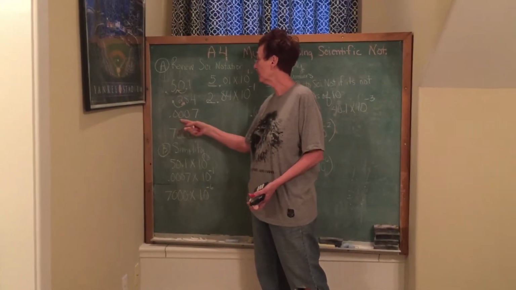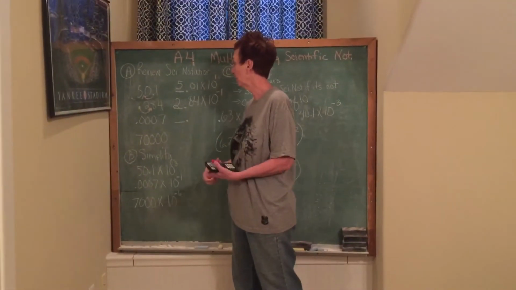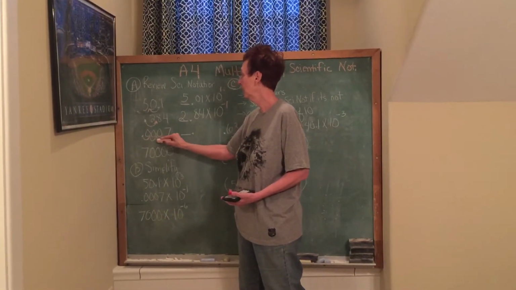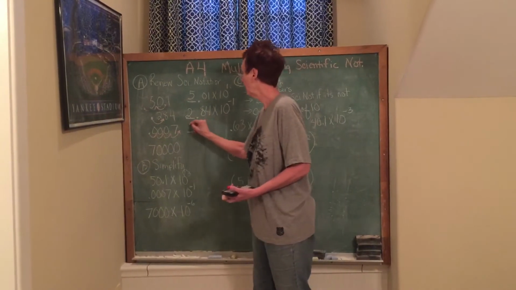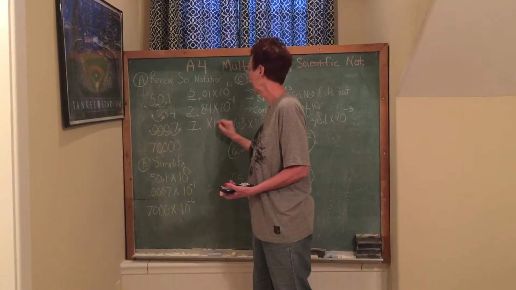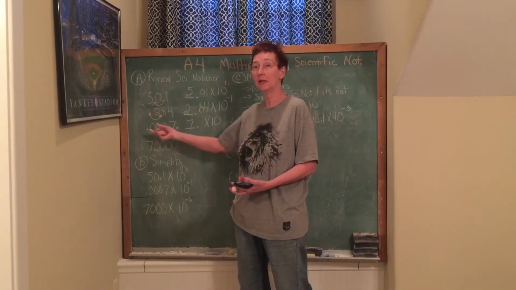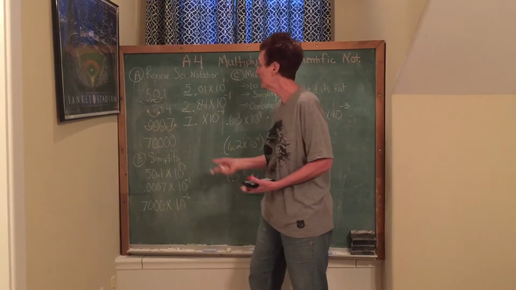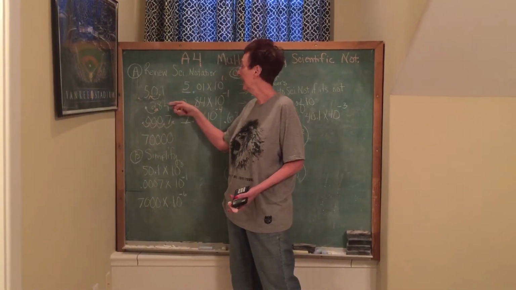If I have 0.0007, I want one number and then the decimal point. So I want to move this decimal point 1, 2, 3, 4 times to get it where I want it. So I would have 7 times 10, and I moved it in the negative direction because it's a decimal, and that's why I would have a negative 4. Notice I didn't put all the zeros because these zeros are not important.